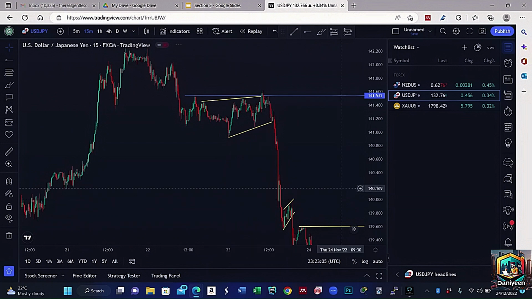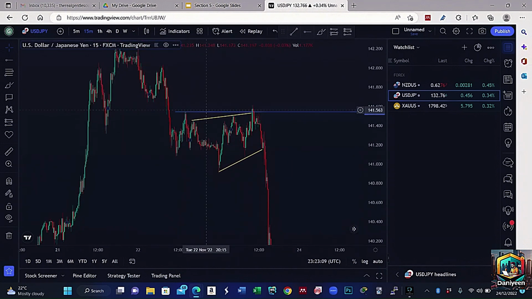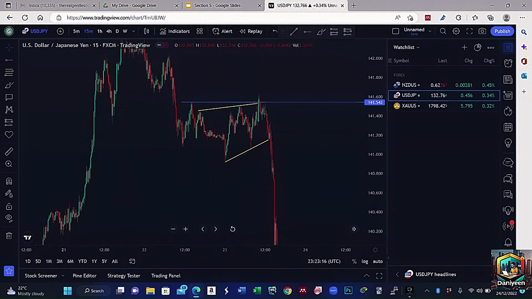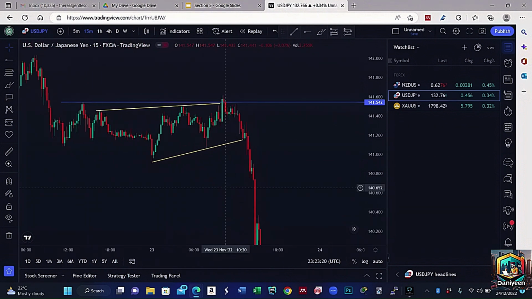So this is it. In that correction, there is a double top and then a 1 2 3 ascending structure. So in that 1 2 3 ascending structure, what we are going to look for is a reversal candlestick.